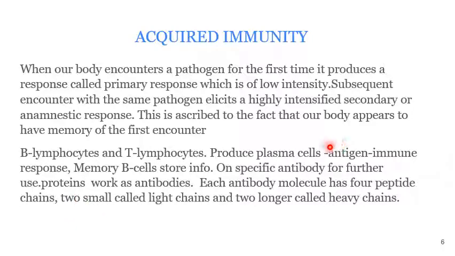Antigen refers to any toxin produced by the pathogen, and the immune response means immediately the cells will manufacture some proteins, and these proteins will attack the antigen and destroy it. The B cells are said to have memory.